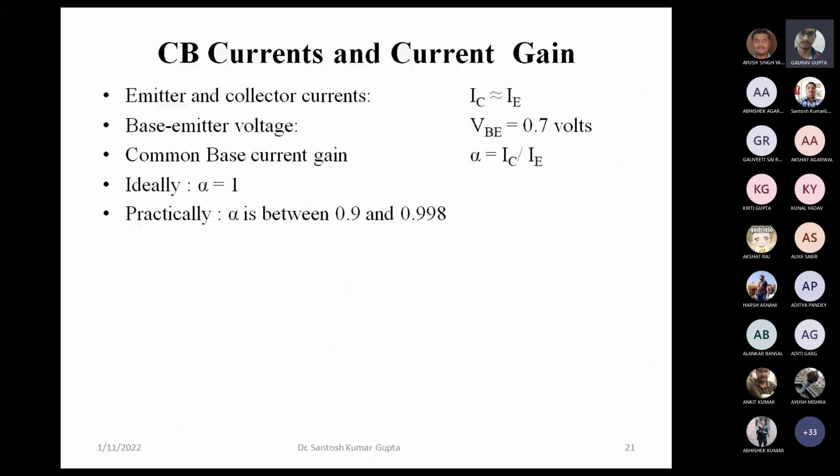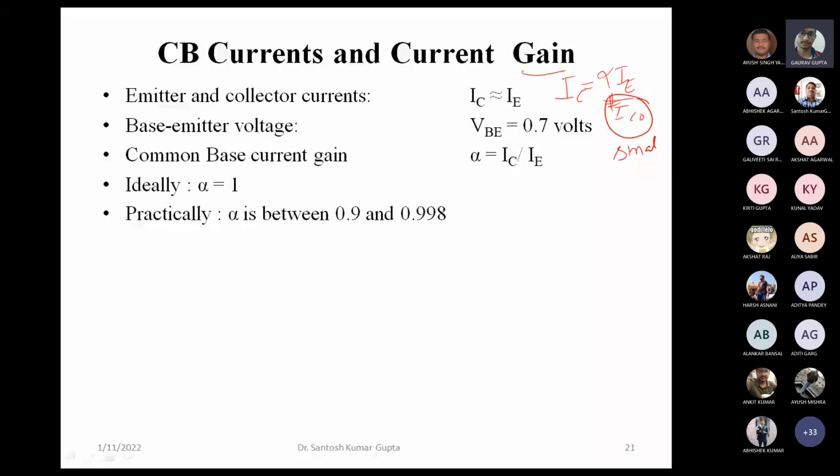We can define some preliminary parameters like current gain. In the common base, we can see that IC is equal to alpha times IE plus ICO. ICO, for most of the cases, is very small and neglected.